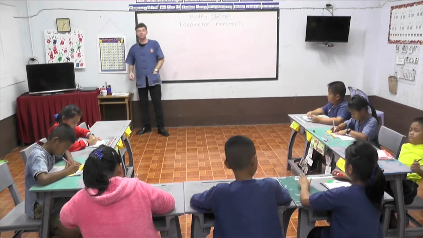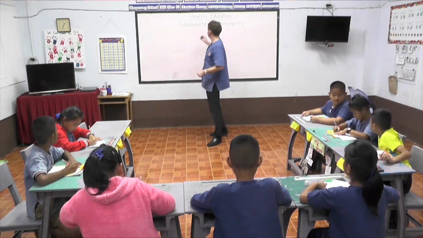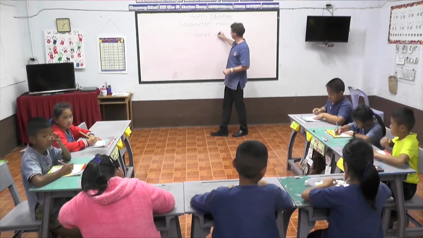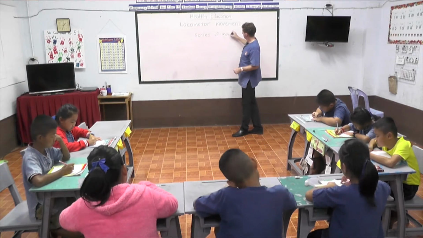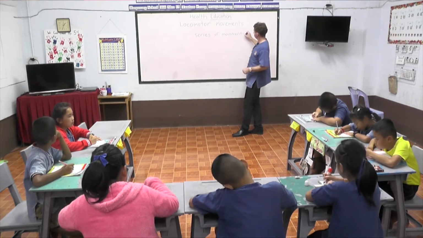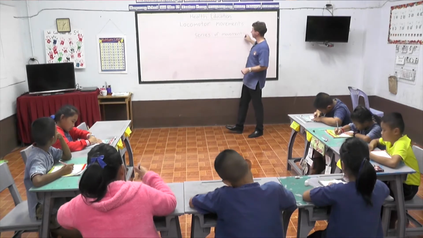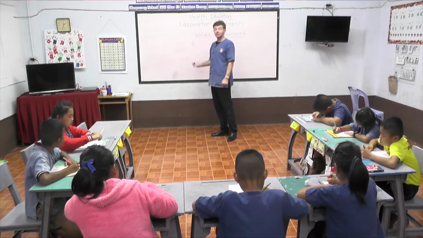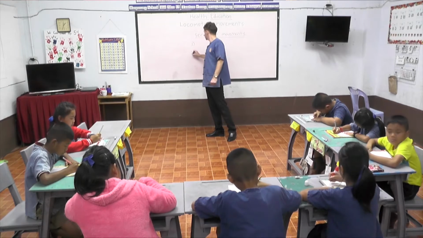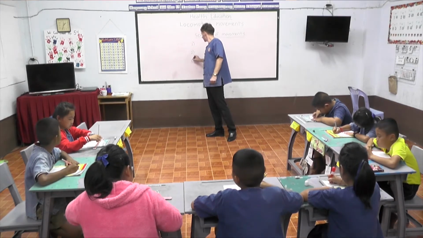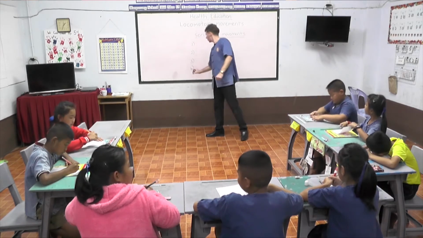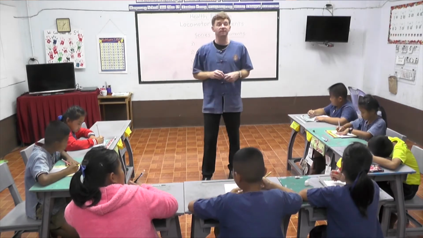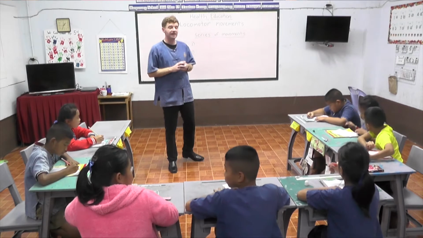So on the top of your paper, you will write series of movements. Everybody write that at the top of their paper. And then, how many do we need? 4. 1, 2, 3, 4. So think back to the various movements that we've done in this class and in previous classes.